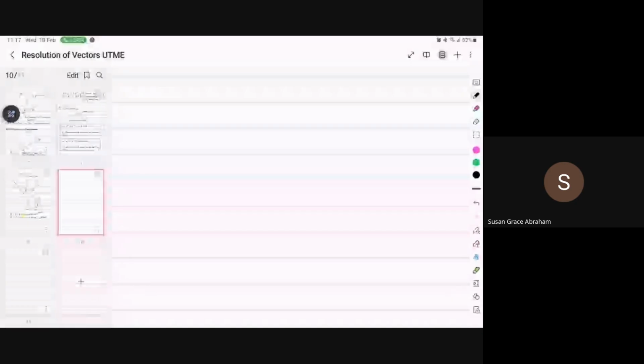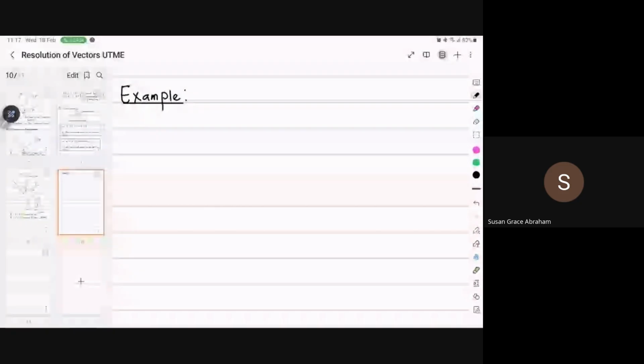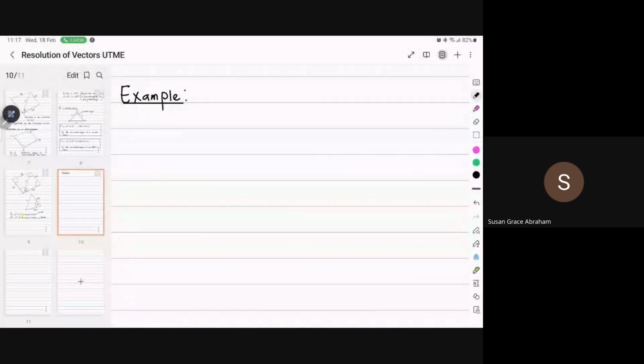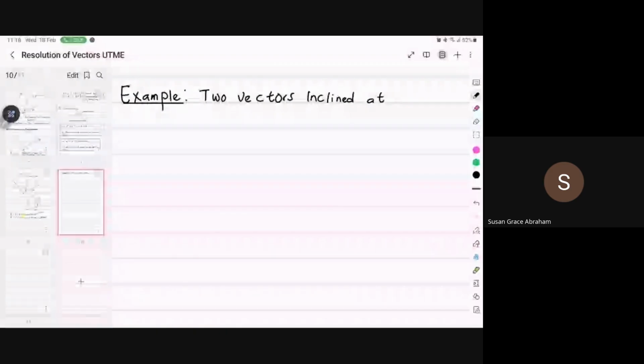Now let's imagine that we have a vector drawn like this, an example. Let's say two vectors inclined at 45 degrees to each other.